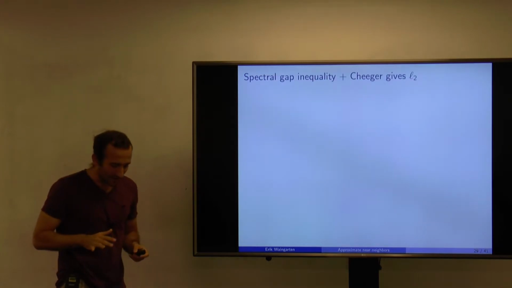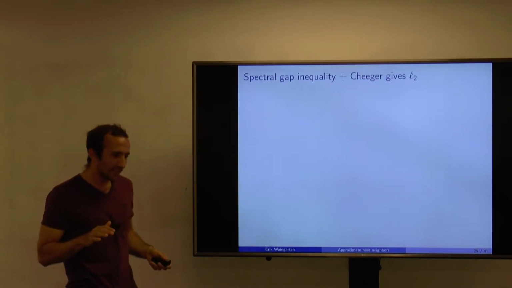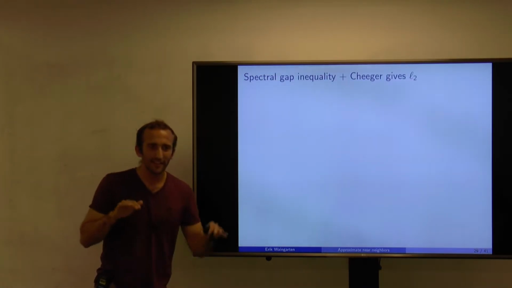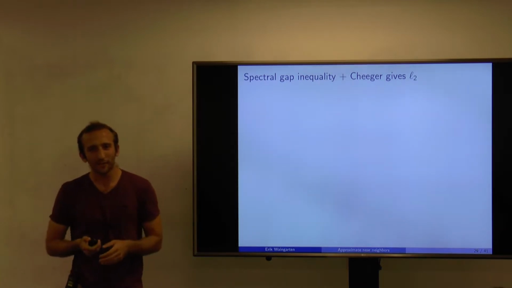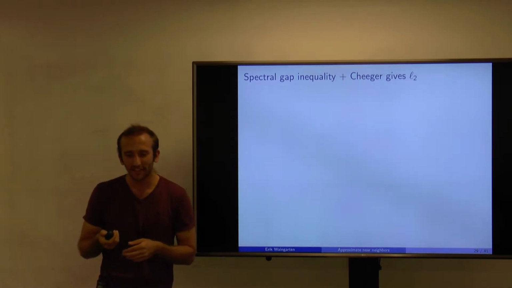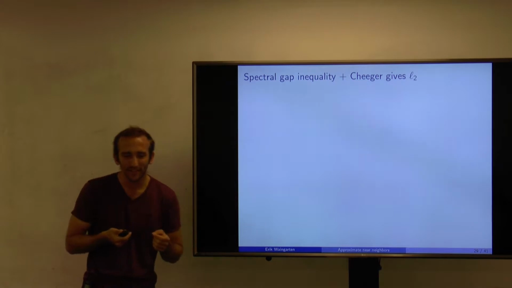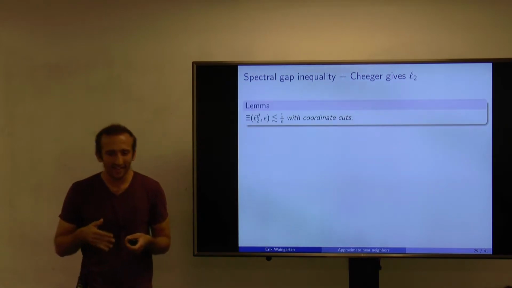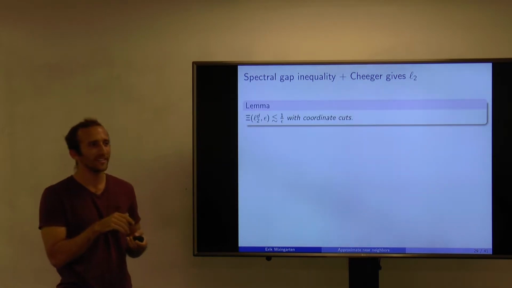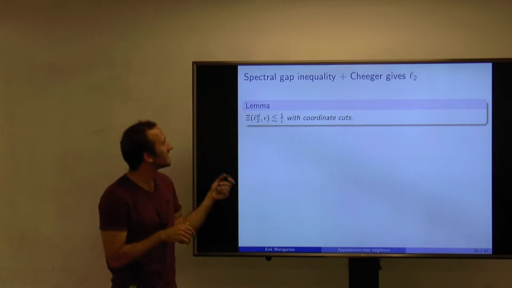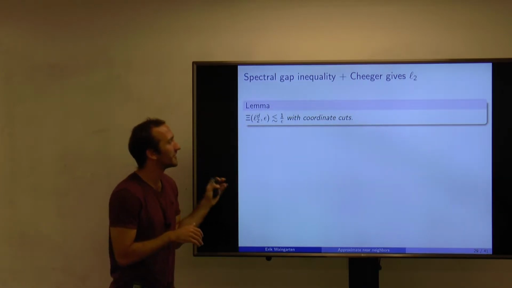Okay, so I claim that already with this inequality that I described, this linear spectral gap and Cheeger's inequality, we can already get efficient cuts in the case of Euclidean space. So the lemma is that this bound on the cutting modulus that we had actually tells us that we can get cuts which are given by coordinate cuts.